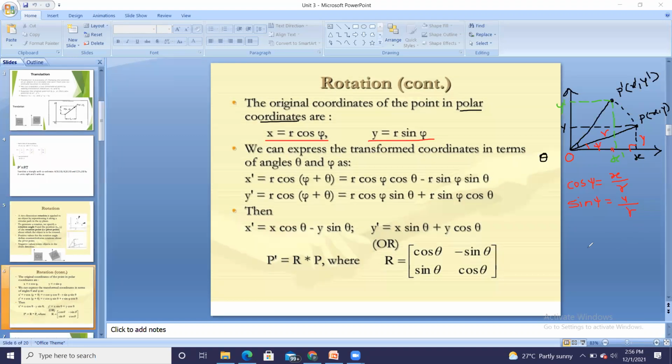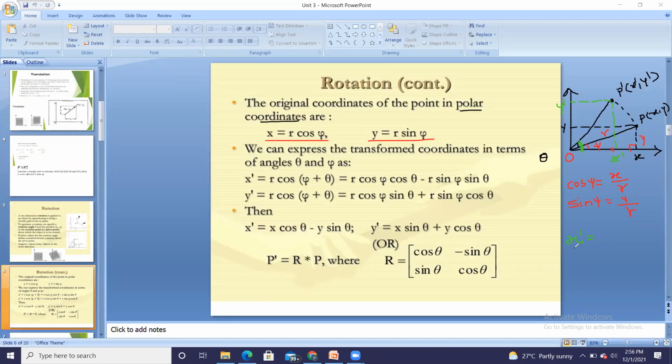Now can you tell me what is your x dash? X dash and y dash are with respect to this complete angle. And what is this complete angle? It is psi plus theta. Theta is our original angle of rotation. So psi plus theta is this complete angle.